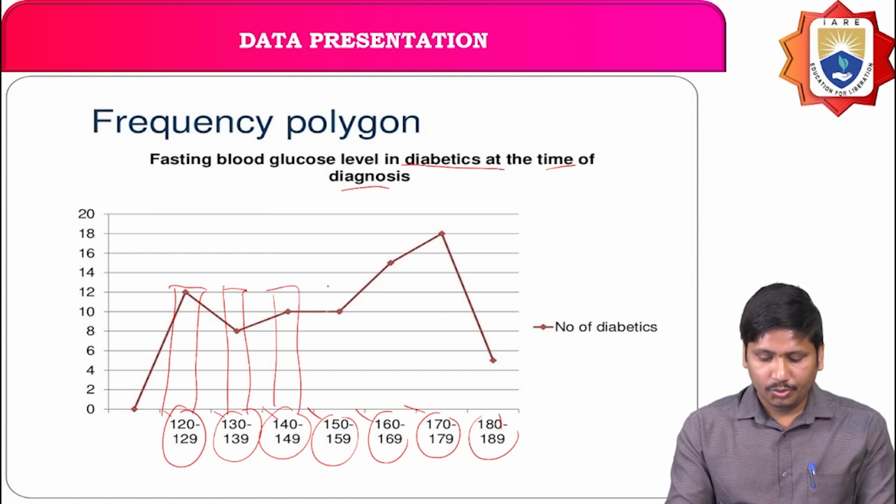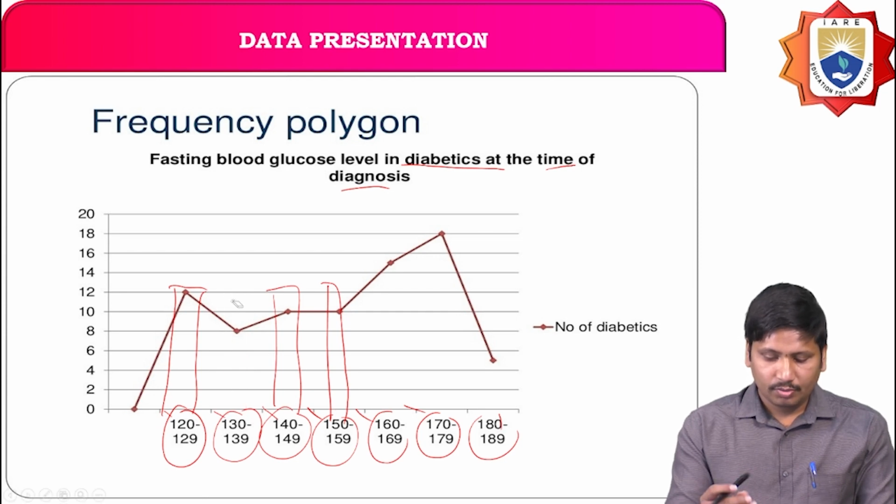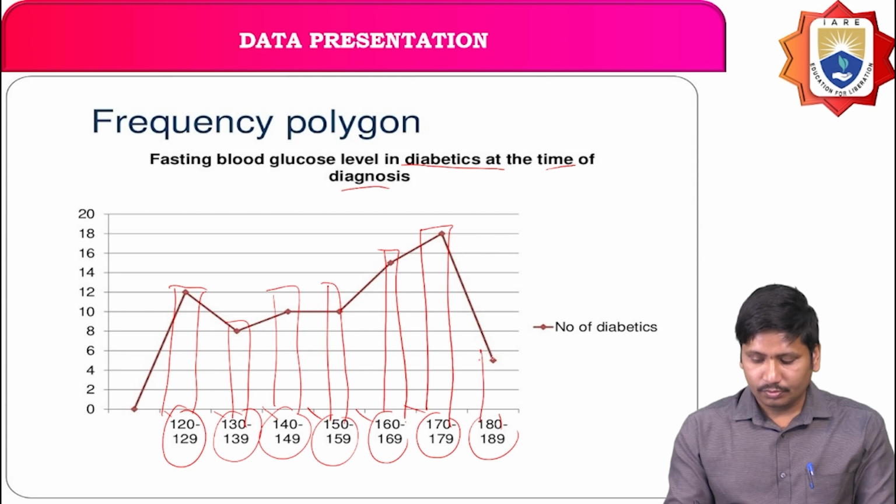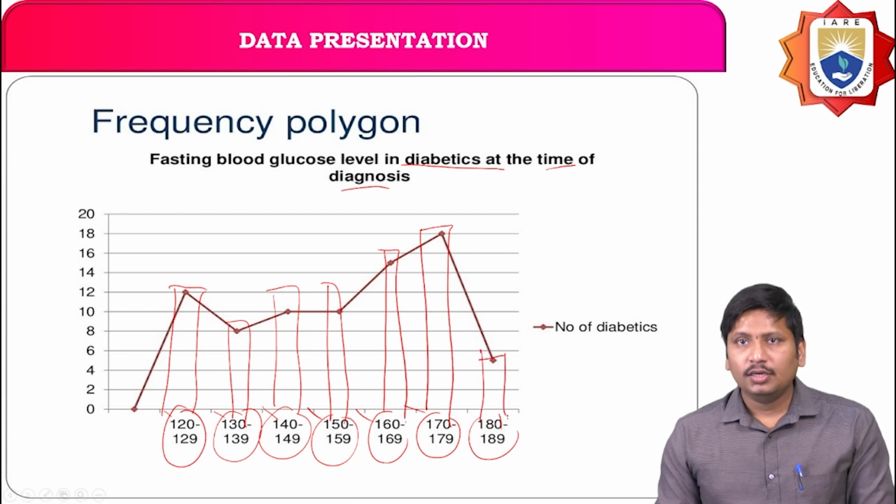So if I connect the midpoints of the bars of that graph, then automatically it becomes the frequency polygon. Actually, we have bars, right?